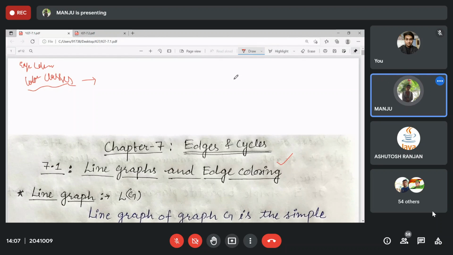You have r colors, so r color classes will be forming, right? A1, A2, so on up to Ar. So all the elements of A in vertex coloring as well as edge coloring form an independent set or maybe dependent or something else.